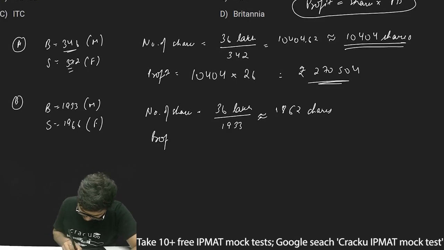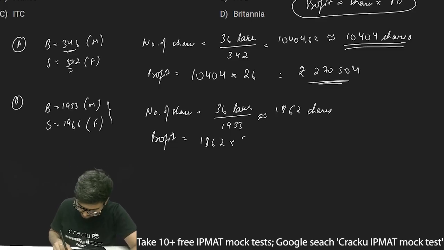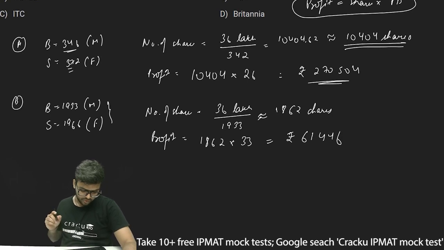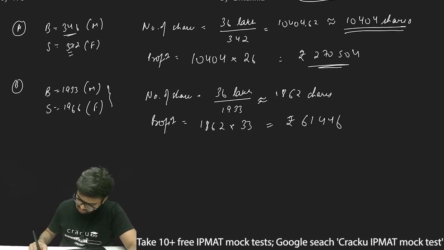And thus the profit will be 1862 multiplied by the price difference. Price difference is 33, so 1862 into 33 will be roughly rupees 61446. So profit will be rupees 61446.